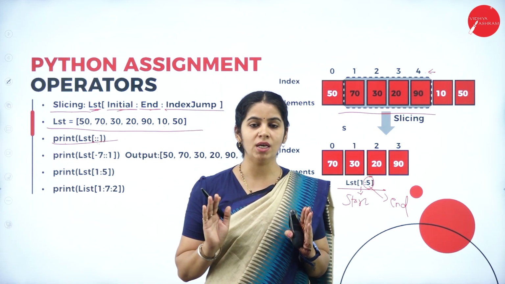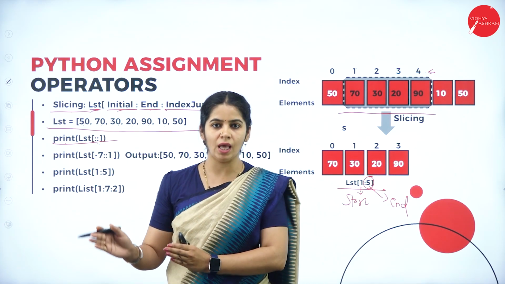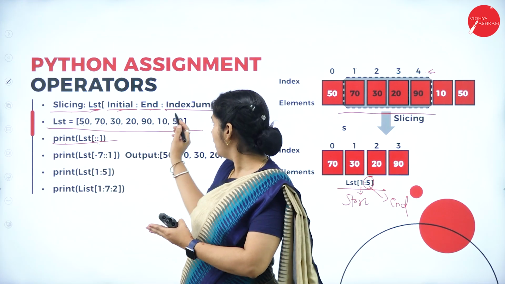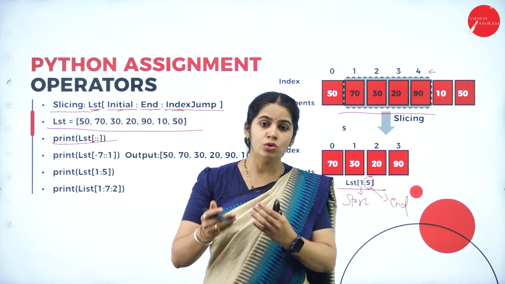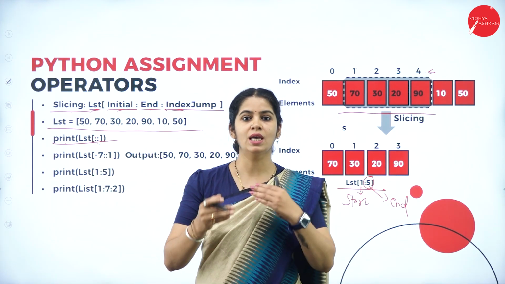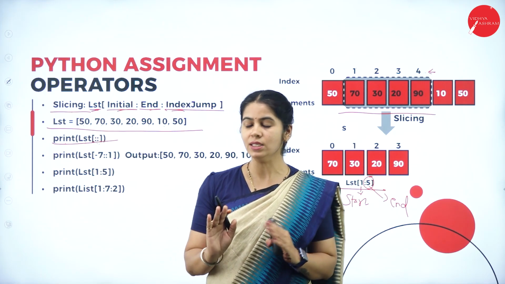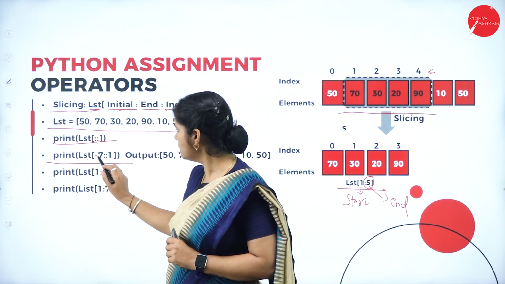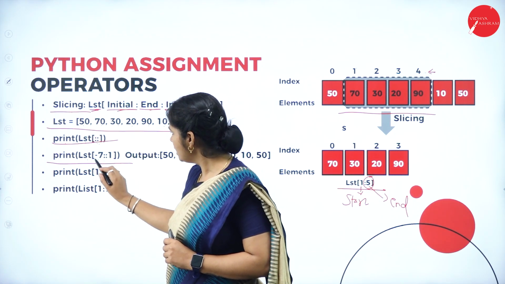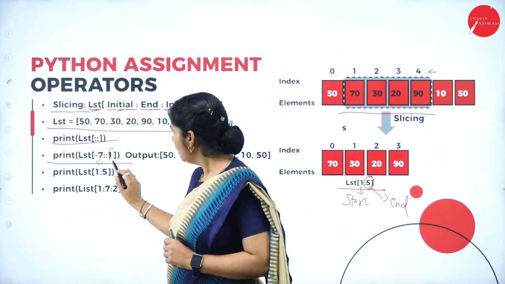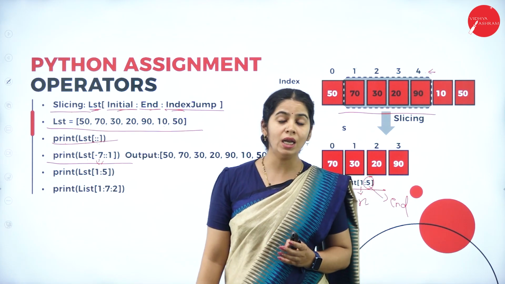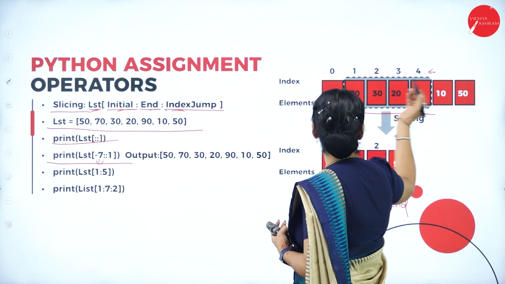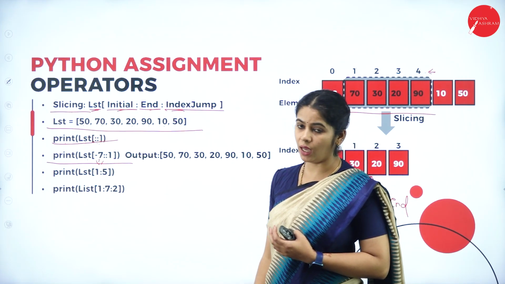So we are not giving the initial value, the end value, or even the step count or index jump value. So it will print the list as it is without doing any slicing. Then here I am saying print list with minus 7 as the start point and 1 as the index jump. What will it display? From minus 7, we have to go for negative indexing.